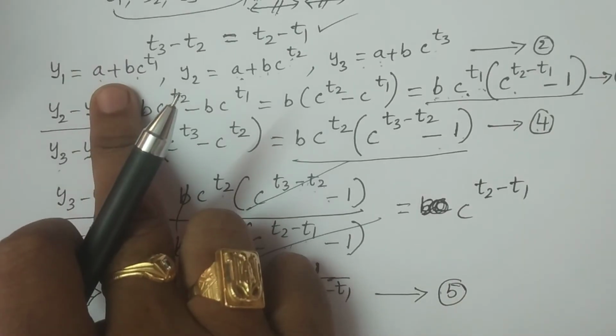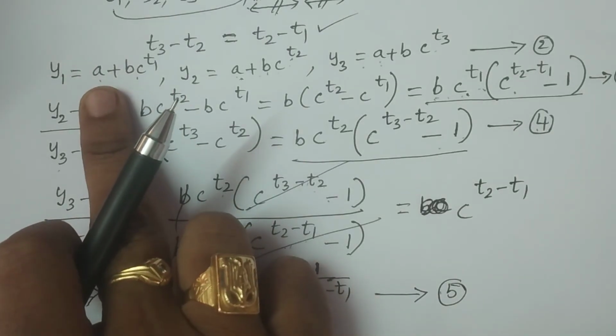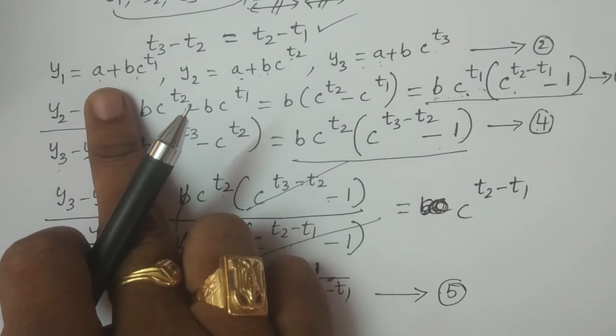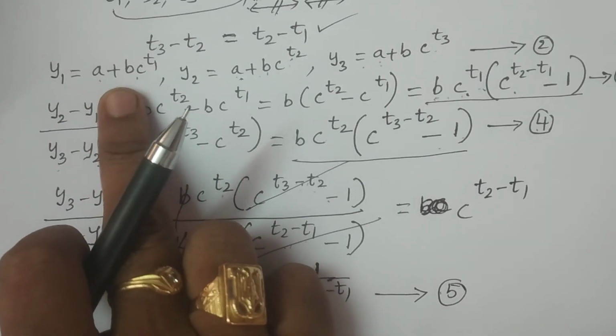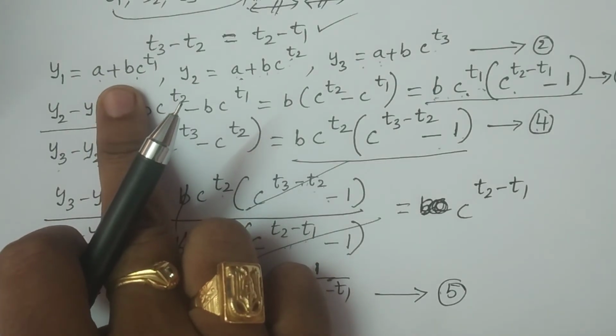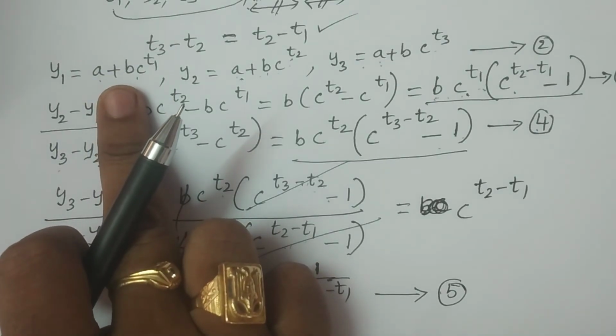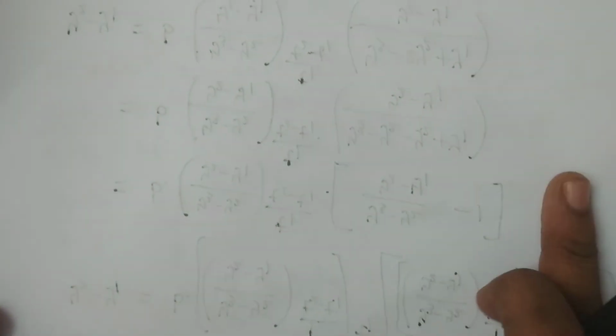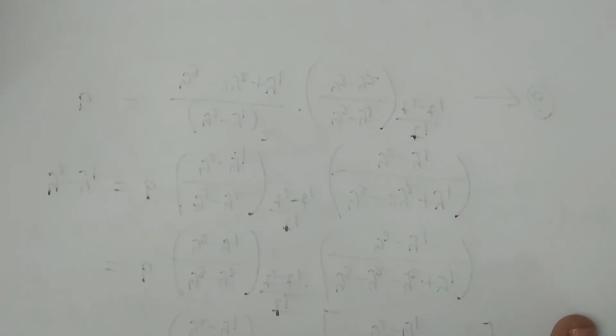You can consider any one, but I take the first one so that it will be easy for us. So y1 is equal to a plus b into c power t1, in which I substitute the values of b and c. By substituting the values of b and c, what will you get?